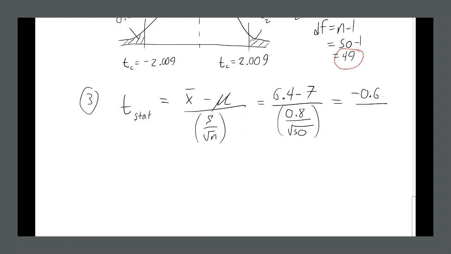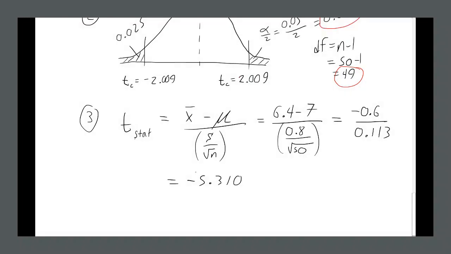And 0.8 divided by the square root of 50 gives us approximately 0.113. So when we have negative 0.6 divided by 0.113, we have negative 5.310 approximately.